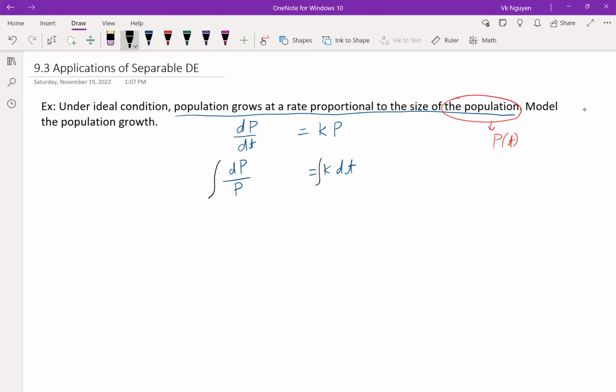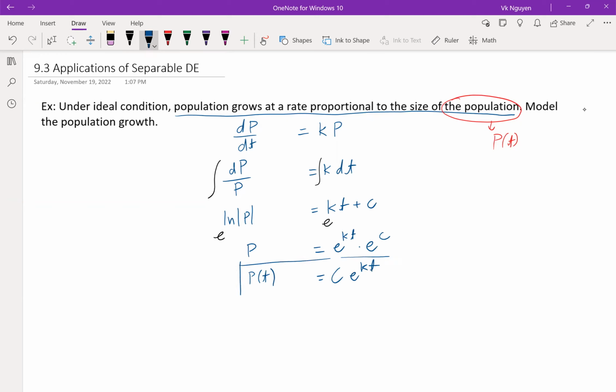Integrate both sides, and we have ln P equal kt plus C. Take e as base, then we have P equal e^(kt) times e to the power C. Well, e to the C is just another constant, and therefore P(t) is Ce^(kt). What a nice model.